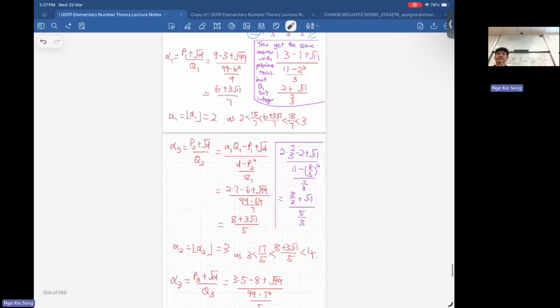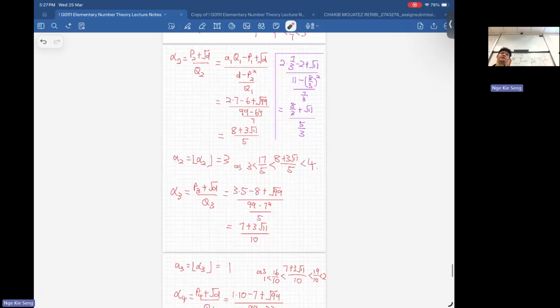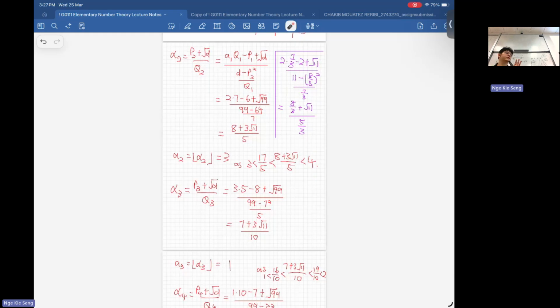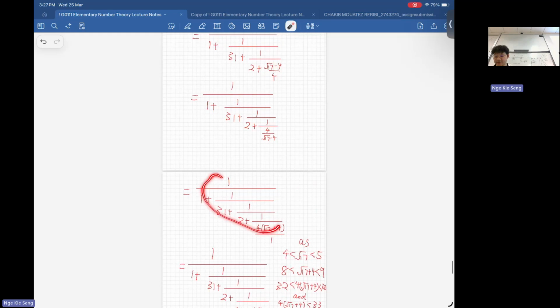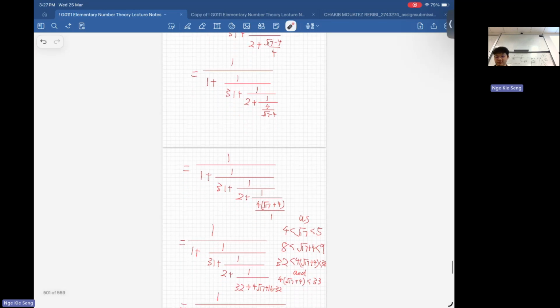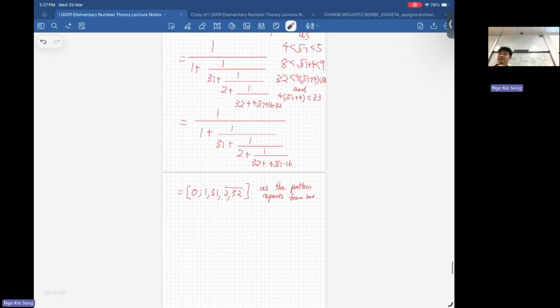The two things are the same. It's just that the way we record it is more efficient. You don't need to write so many 1 over 1 over 1 over 1. Does it make sense? It's a way of writing.